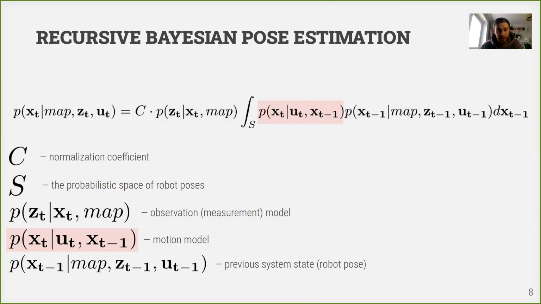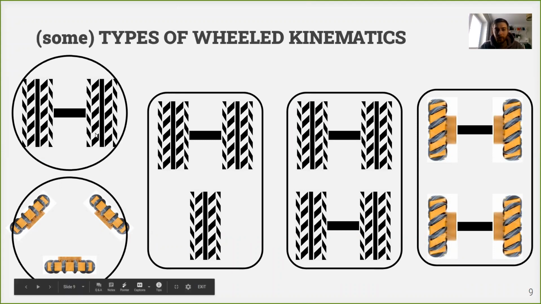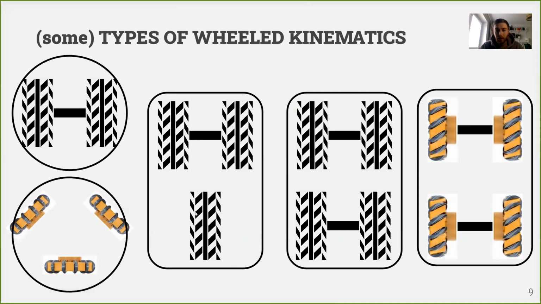But before discussing probabilistic motion models, we have to discuss what types of kinematics there are in wheeled robotics and what are the differences between them. So we will start from wheeled robots kinematics. And this slide presents different types of kinematics used in robots. So there are 2-wheeled, 3, 4-wheeled robots, robots with 1 steering wheel, robots with a car-like kinematic when we have 1 axis which is steering our robot.